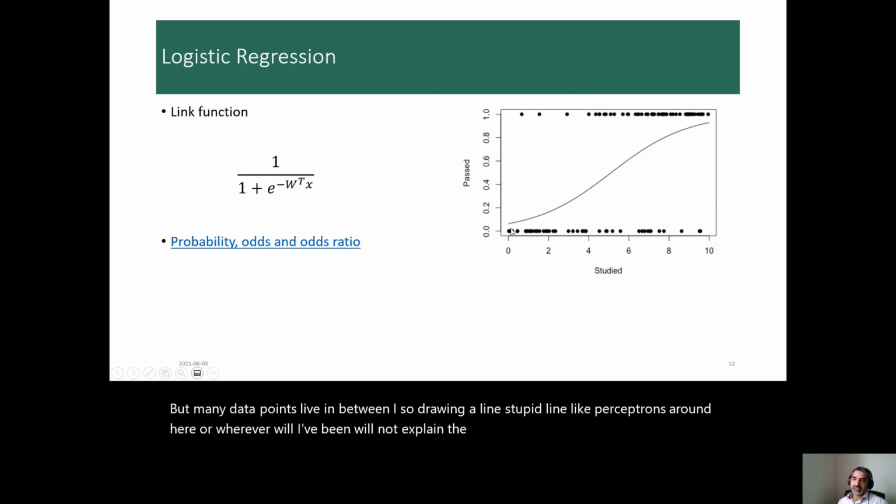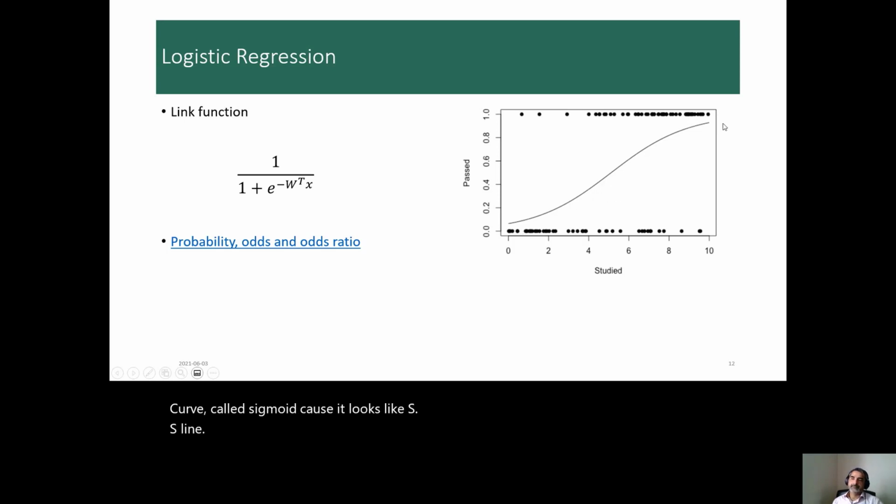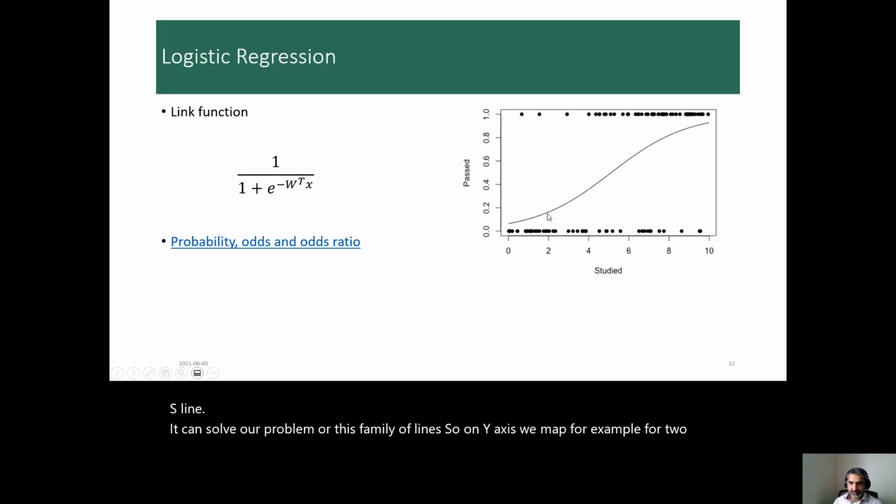For that, this kind of curve called sigmoid, because it looks like an S line, can solve our problem, or this family of lines. So on the y-axis, for example, for 2 hours, we map the corresponding point on the y-axis.